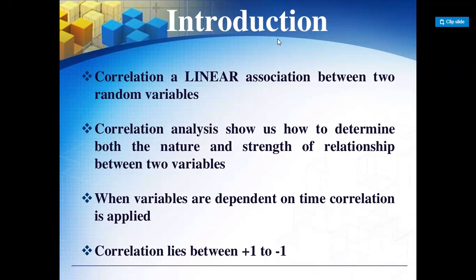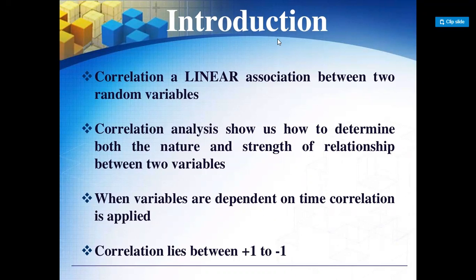So we have to discuss the introduction, what is meant by correlation, causes and cautions, the importance and significance of correlation, types of correlation, degree of correlation, methods, scatter diagram, and then we will discuss Karl Pearson's coefficient of correlation. How can we calculate the coefficient of correlation? So Spearman we will not compute here, we will not learn here this year.